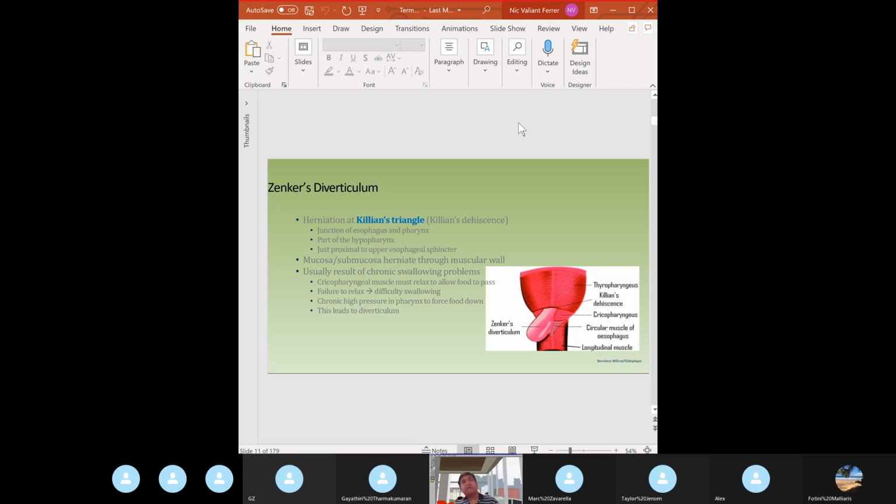And how can we know if it's a true diverticulum? What's the difference between a true diverticulum and a false diverticulum? Guys, what happens to the mucosa if it's a true diverticulum? All of the layers, right?